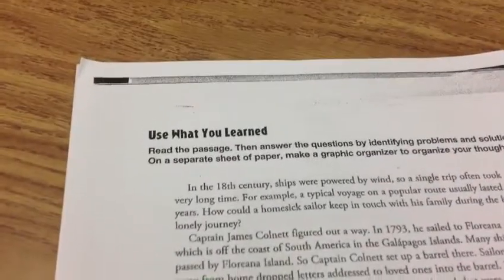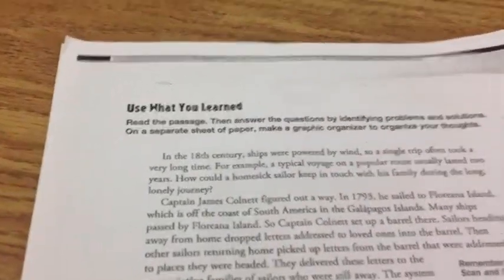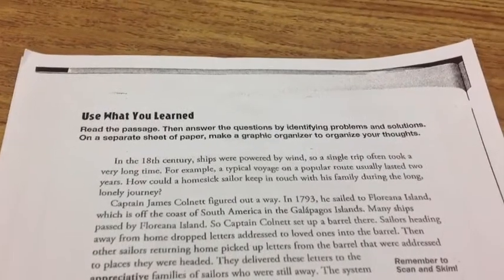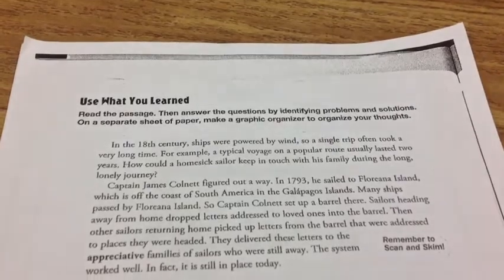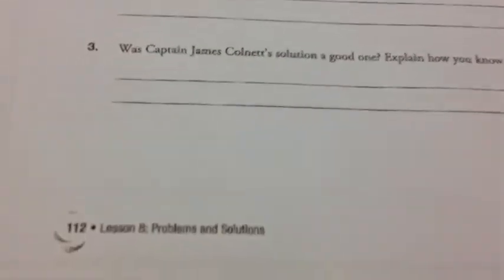Okay, let's turn to use what you learned. Read the passage, then answer the questions by identifying problems and solutions. On a separate sheet of paper, make a graphic organizer to organize your thoughts. Instead of using a separate sheet of paper, I'm going to just create it down here.